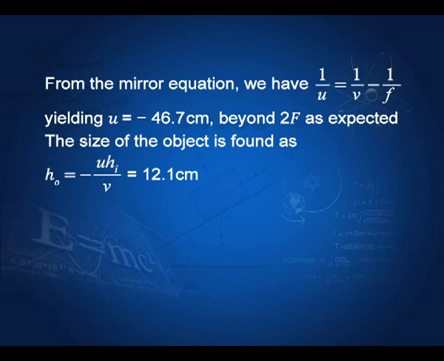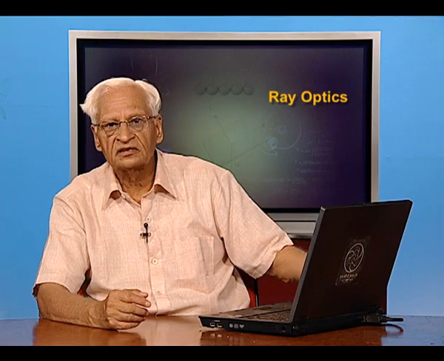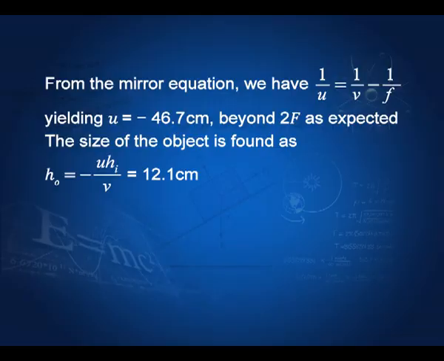The image is magnified by the factor called magnification, that is 46.7 divided by 12.4, roughly 4. So, the image would be 4 times 3.2, that is 12.1 centimeters, and this will be a virtual image, and therefore the magnification is positive.